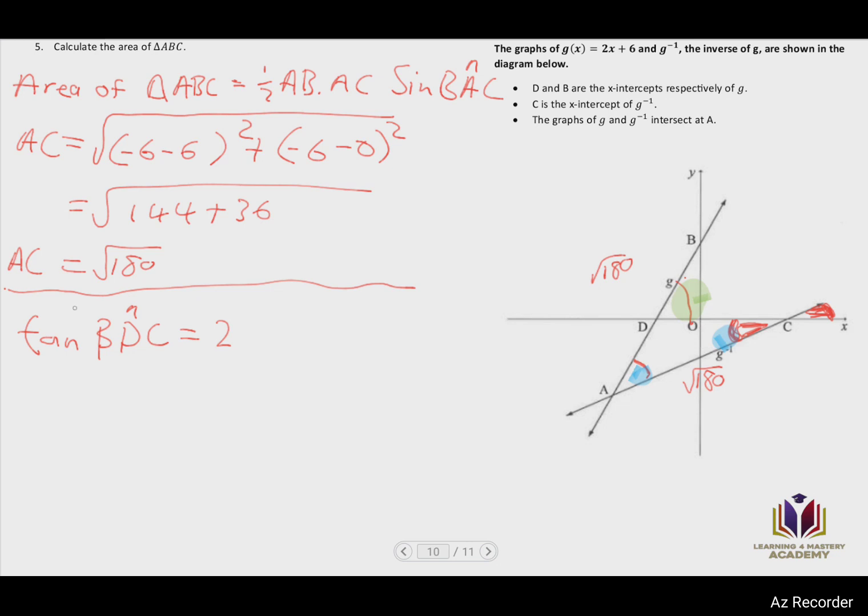We're going to then say angle BDC equals tan inverse of 2. You put this in your calculator, and that gives you 63.43 degrees.